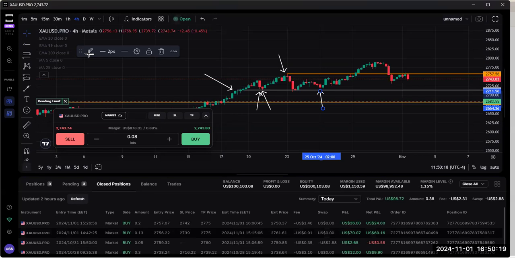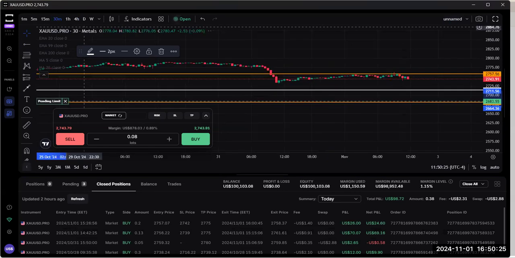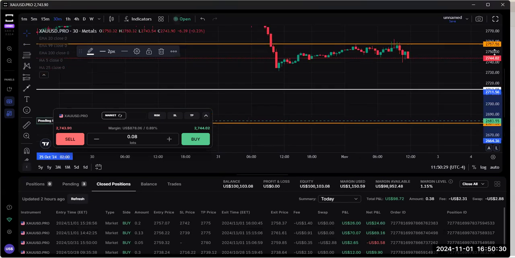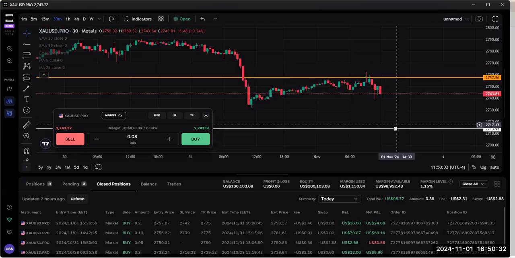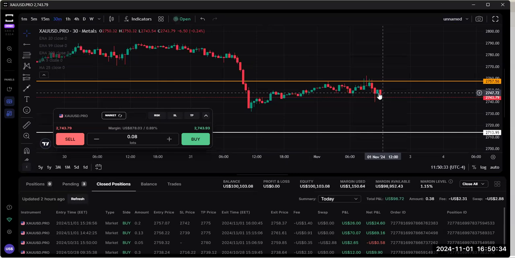Why did I exit? So this is a 4-hour time frame. Let me come down to the 30 minutes so it becomes a little bit clearer. In this case, each candle represents 30 minutes. So this is our current 30 minutes. This was the last 30 minutes, the previous 30 minutes, the previous.